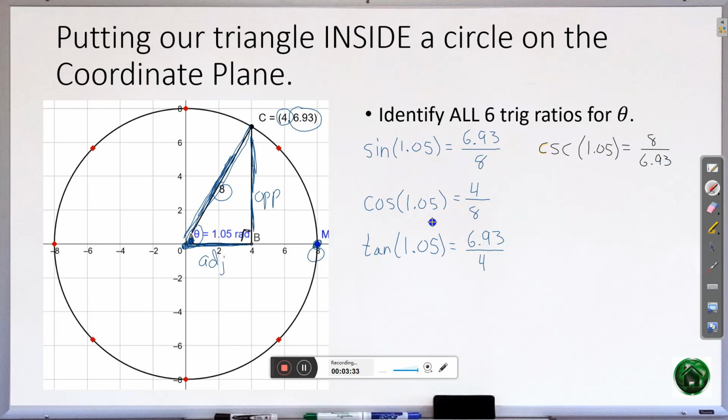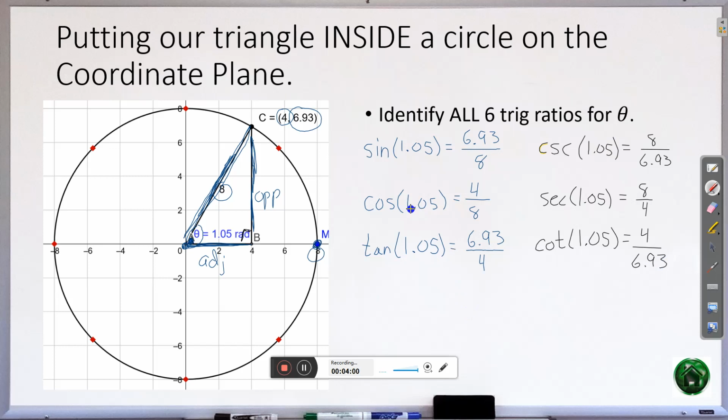And then the reciprocal of cosine is secant. Flip that one, 8 over 4. And the reciprocal of tangent is cotangent. And we'll flip that one, so it is 4 over 6.93.